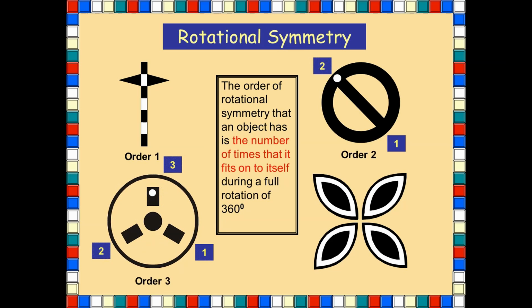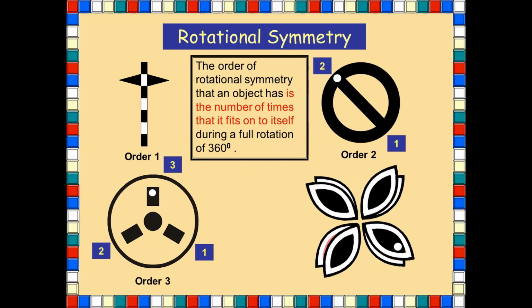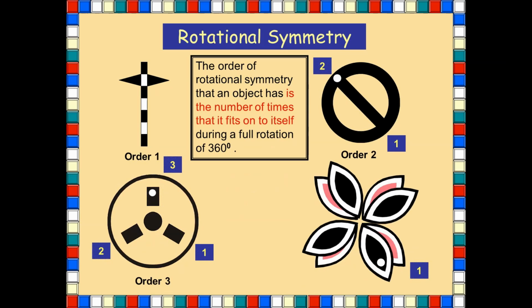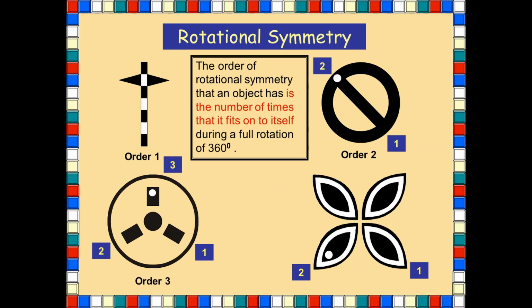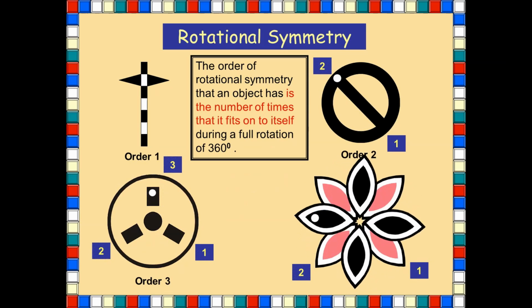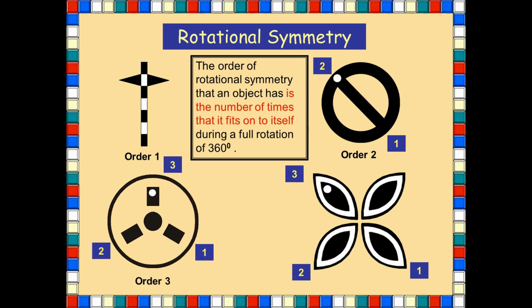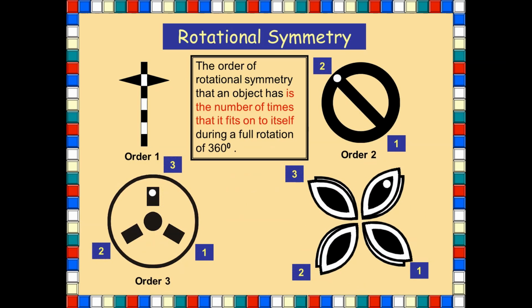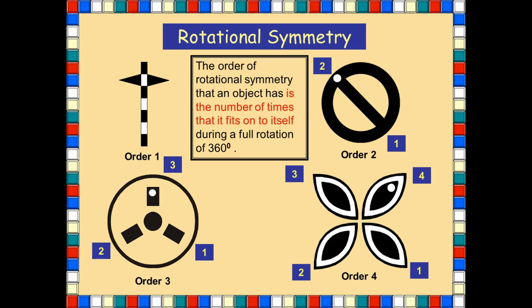This is order 3. And finally: once, twice, 3 times, and 4 times in its full rotation. Just in case you're confused, that white dot, we're just using that to show us where we're up to in our rotation. It's not part of the shape. So that one's order 4.